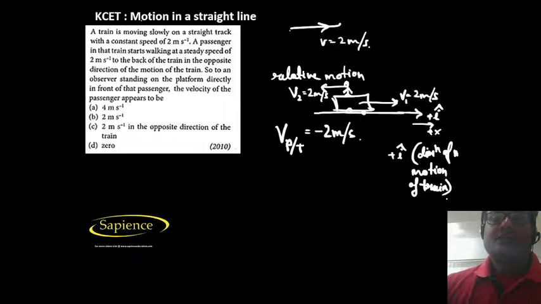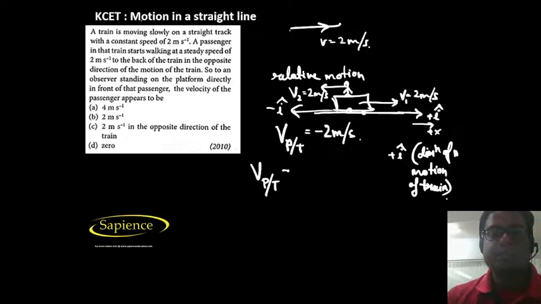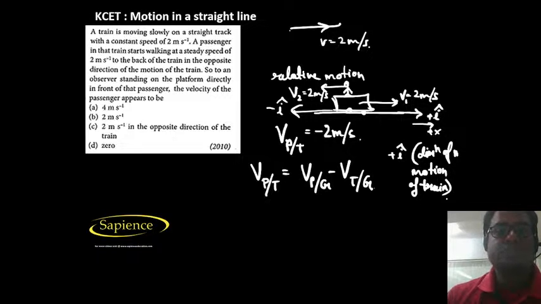So with respect to the train, the passenger is moving towards minus i cap, which is opposite to the positive x-axis. So the velocity of the passenger with respect to the train is the velocity of the passenger with respect to the ground minus the velocity of the train with respect to the ground.